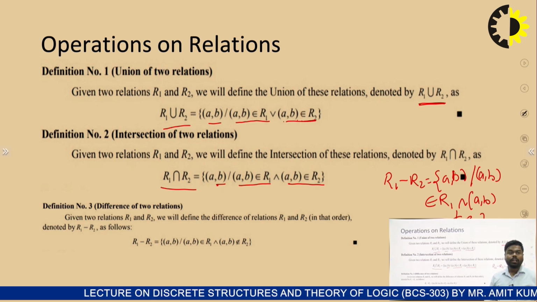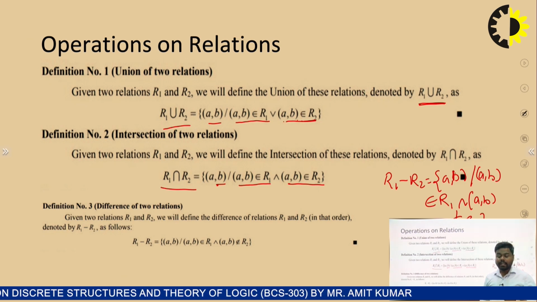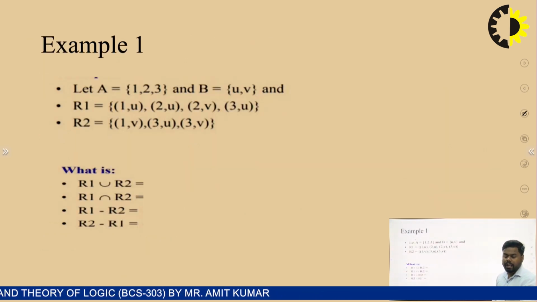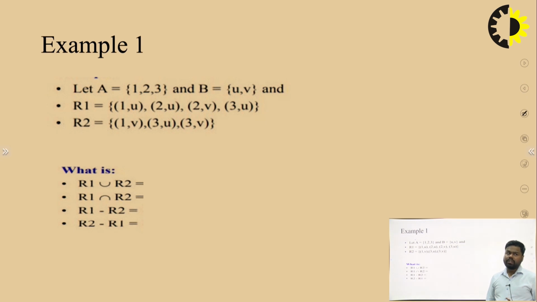These are the formulas for operations on relations, which you can use to solve your numericals. I have taken an example for solving union, intersection and difference. Set A is 1 to 3 and set B is u and v. The relations given are R1: 1u, 2u, 2v, 3u, and R2: 1v, 3u and 3v.